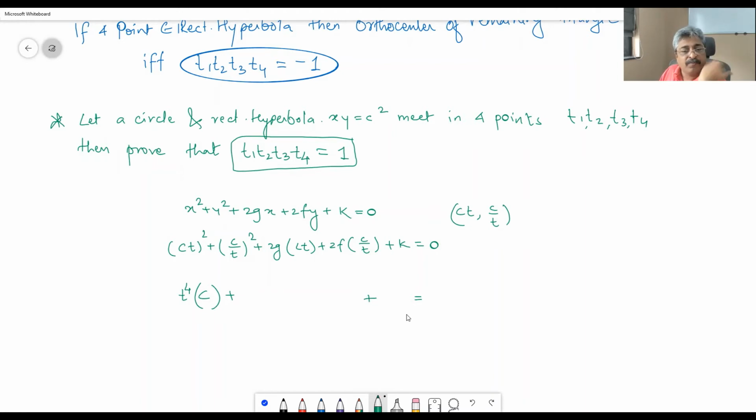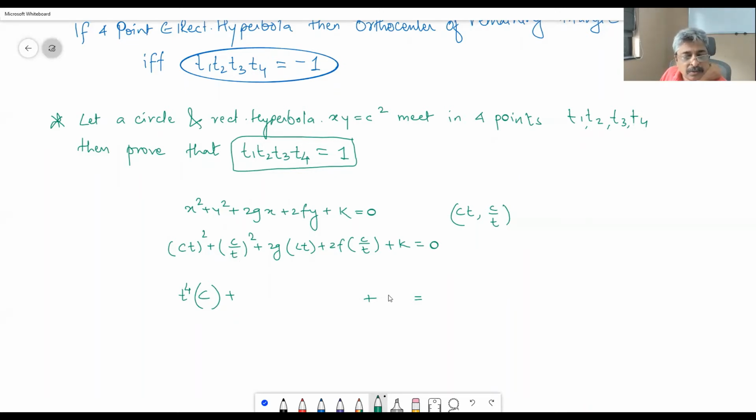Which term amongst all this will be free of t? Everything multiplied by ct square, you will get c square.